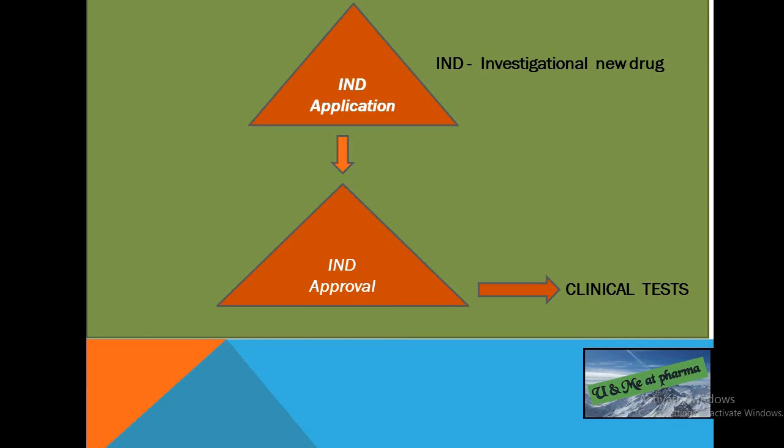They need to confirm that yes, it is a safe drug in the animals we have tested, so we are choosing to go for further clinical trials. We want to conduct further clinical trials as the drug was identified as safe. So the company, manufacturer or inventors file this application, called the IND application.